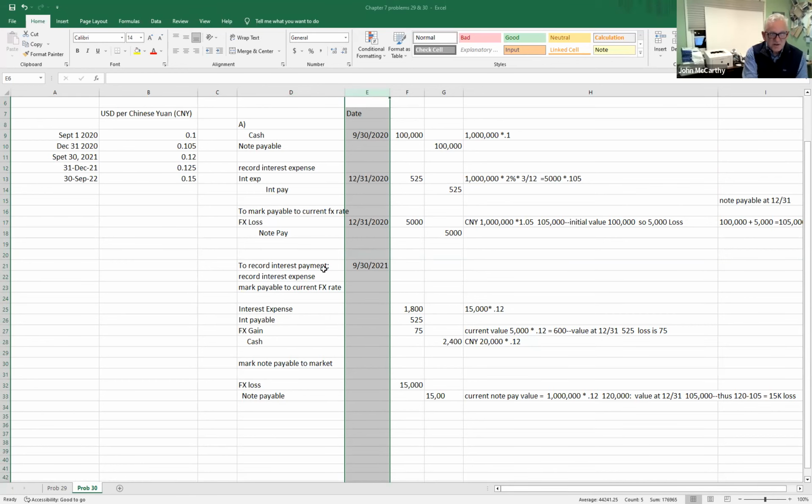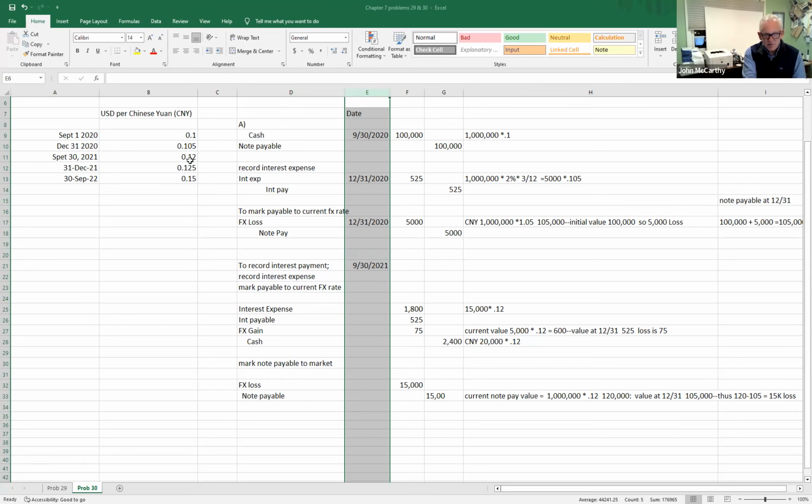So here are the exchange rates that they give you in problem 30. One-tenth of a US dollar buys a Chinese yuan, CNY, so it'd be 10 cents. Then 10.5 cents buys a CNY, 12 cents buys a CNY, 12.5 buys a CNY, and 0.15 buys a CNY.